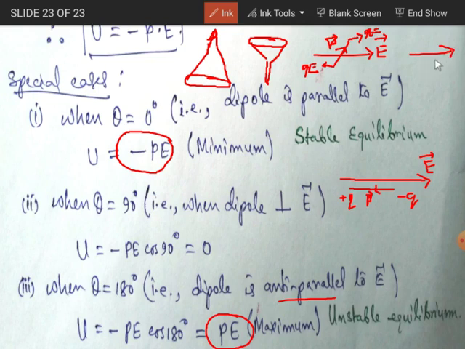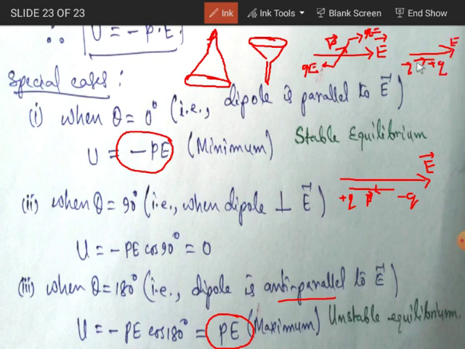Likewise here also, in the case of stable equilibrium, your potential energy is minimum, no doubt. This is the direction of the electric field, and if you take a dipole along this, minus q and plus q, like this. If you disturb it a little bit, then it will try to come back to this equilibrium position. Minus q on this side, plus q on the right side, and this is your electric field E direction.